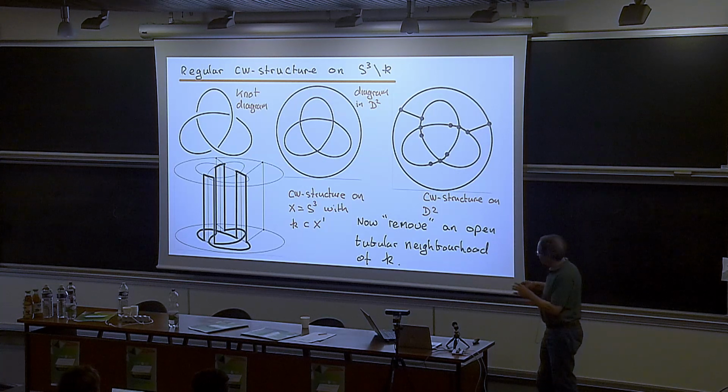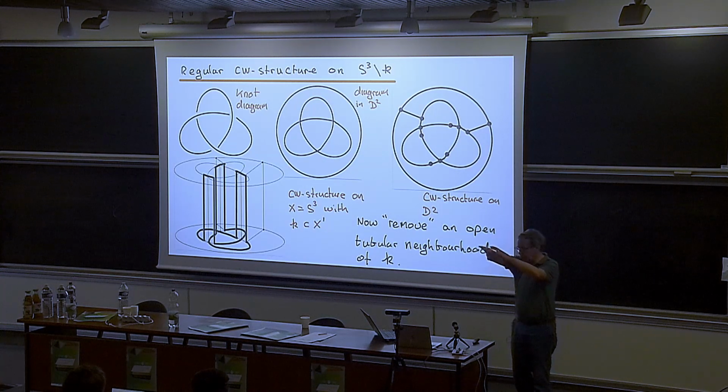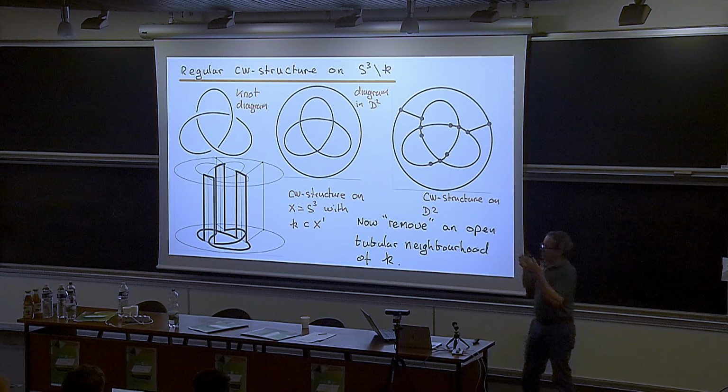So the algorithm basically, if you have a regular CW space, and you have a regular CW subspace, we'd like to somehow take an open tubular neighborhood of the subspace and then excise it, take it out, remove it.